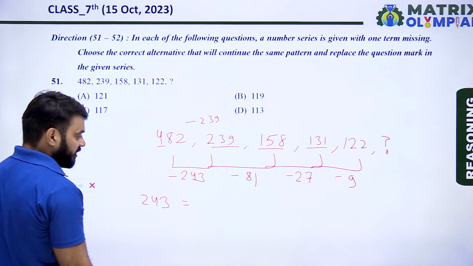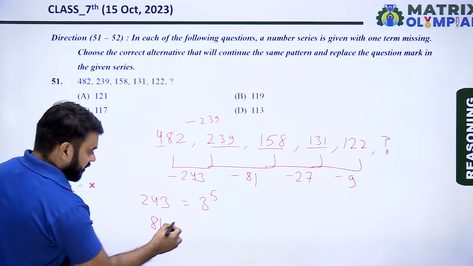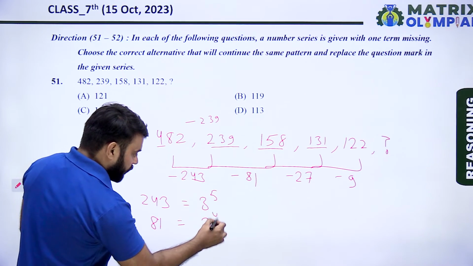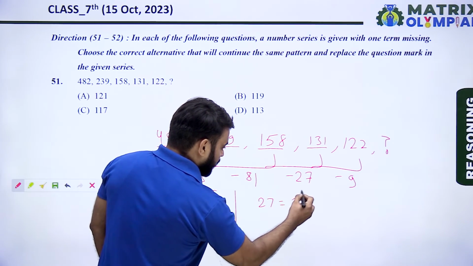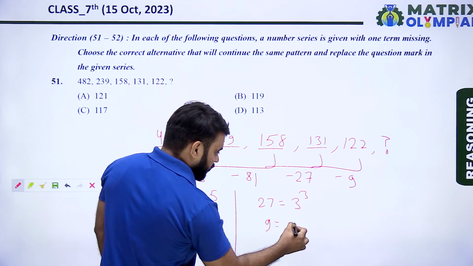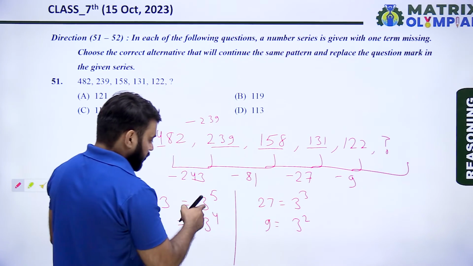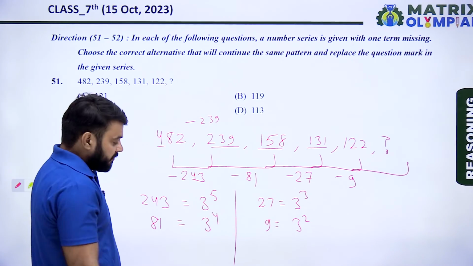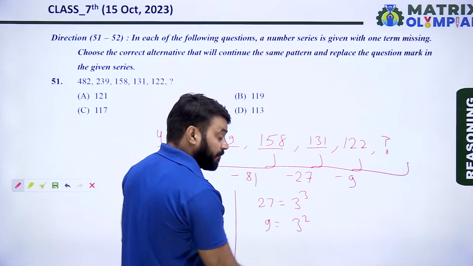So pattern is 243. It means 3 to the power of 5. 81, 3 to the power of 4. 27, it means 3 power 3. 9, it means 3 square. So now next difference is 3 to the power of 5, 3 to the power of 4, 3 to the power of 3, 3 to the power of 2.